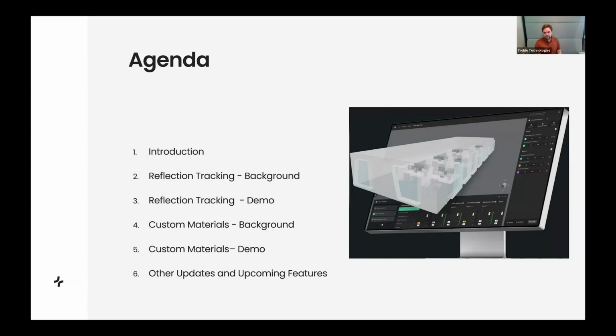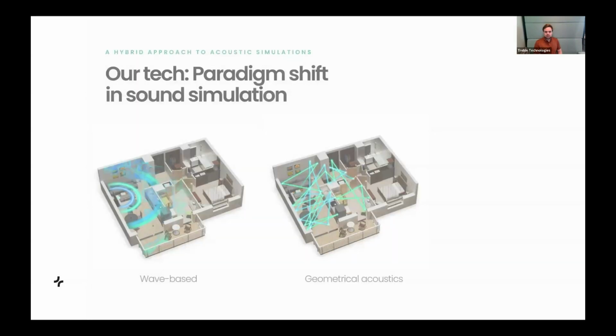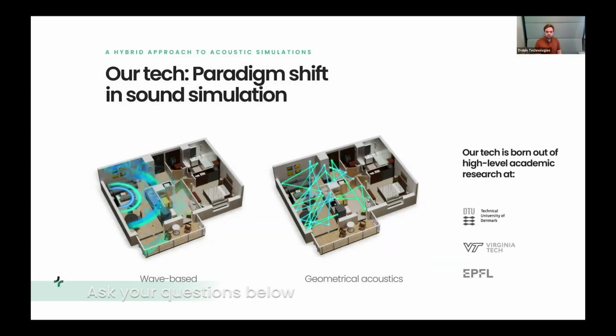So to start with, I'm going to talk about the reflection tracking feature and demo it. But before I do so, I would like to give you a little bit of background about what reflection tracking is within Treble. So to begin with, here is an overview of our solvers.